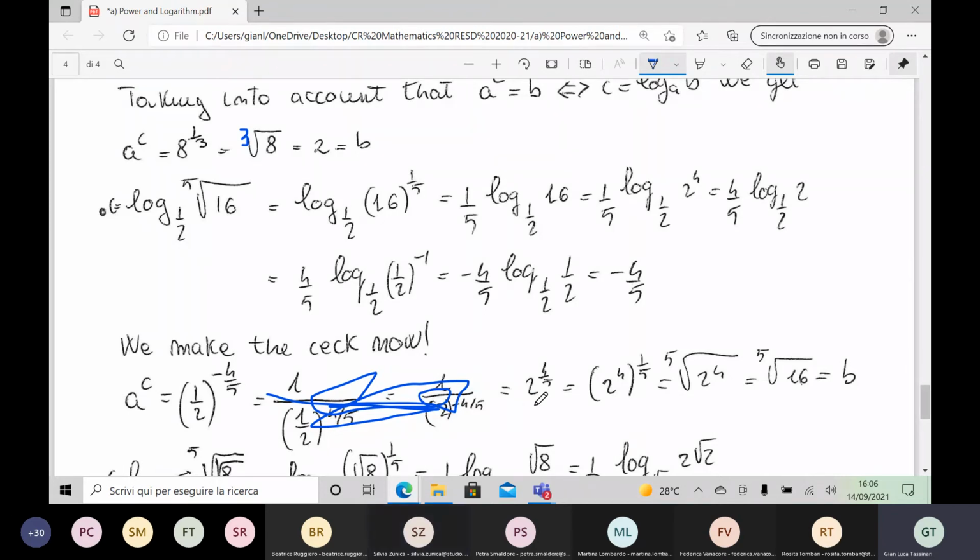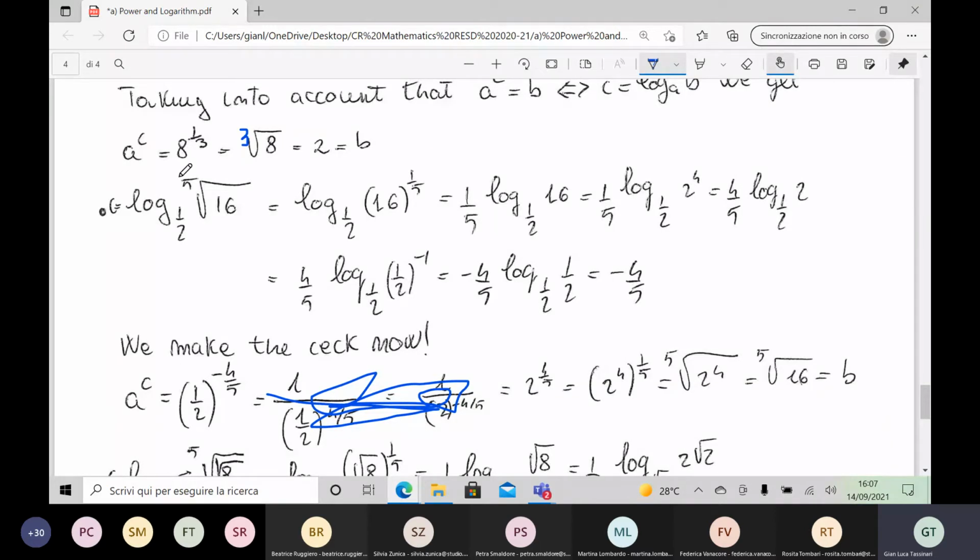Then there is a trick. What do we need to prove? We want to prove that a to the power c, the result of this operation, is the root of order 5 of 16. I really want to get the number expressed in this way. Guys, this is the exponent. Are you able to see the exponent as the product of two numbers, in particular one with value 4 and one with the value 1 over 5?